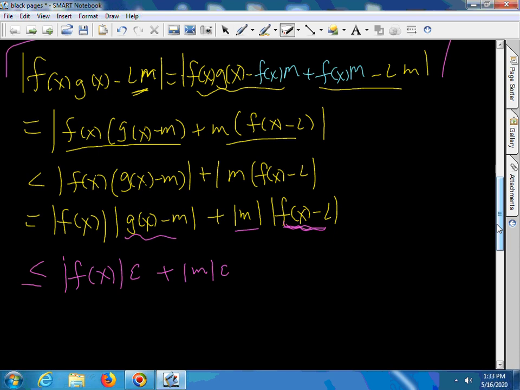Actually, this is strictly less than, because this piece is strictly less than epsilon, and I put something larger in the bottom line. But I can only put epsilon whenever 0 is less than the absolute value of x minus a, which is less than delta. Now, I can factor out the epsilon.